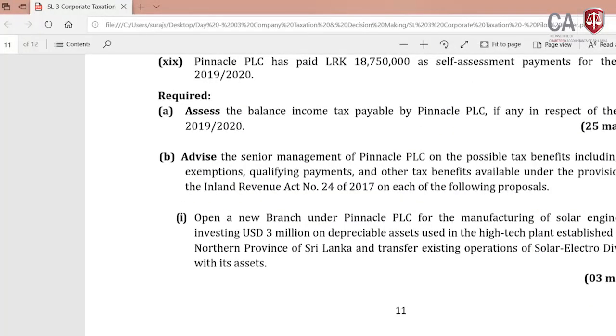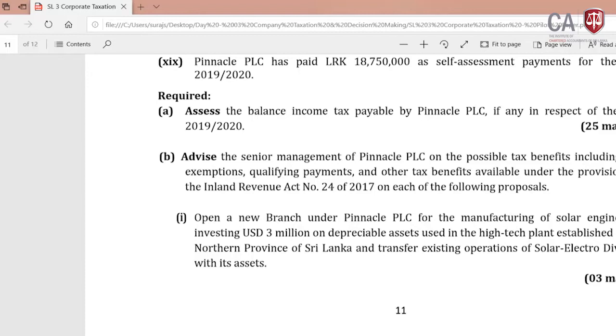Required A. Assess the balance income tax payable by Pinnacle PLC, if any, in respect of the year of assessment 1920. What is my company? It is Pinnacle PLC.